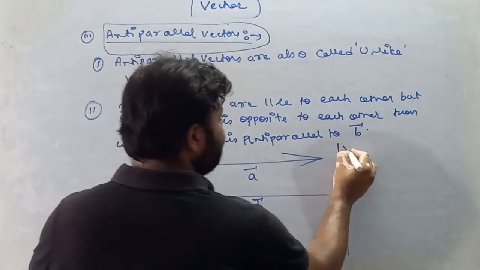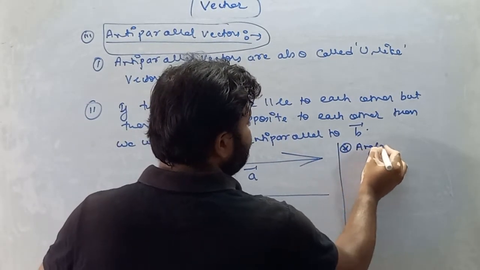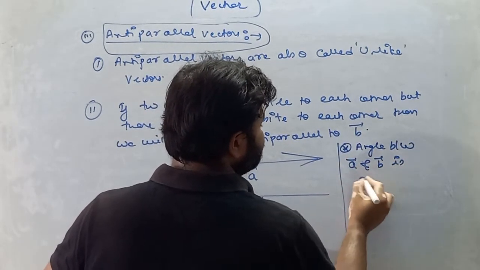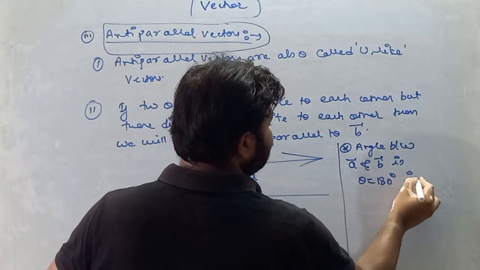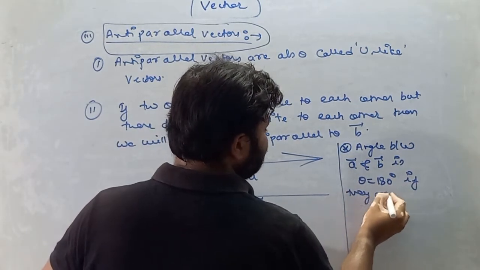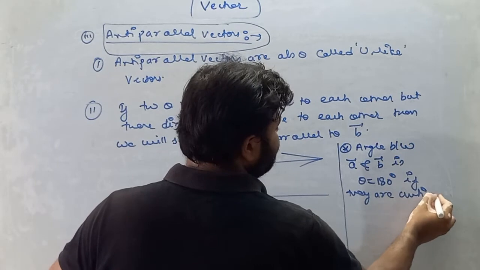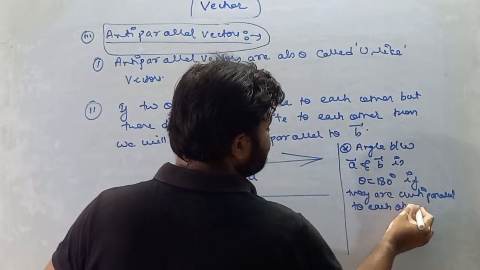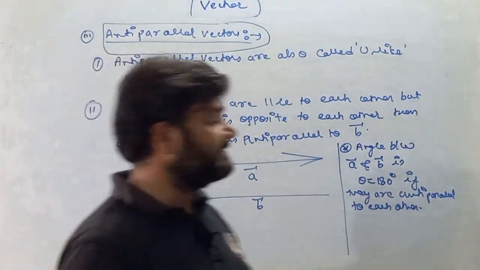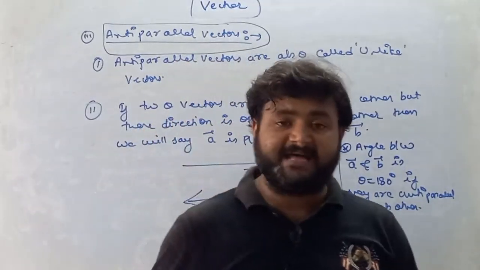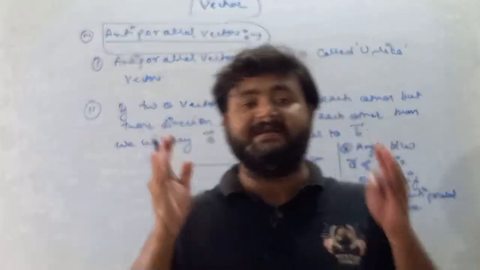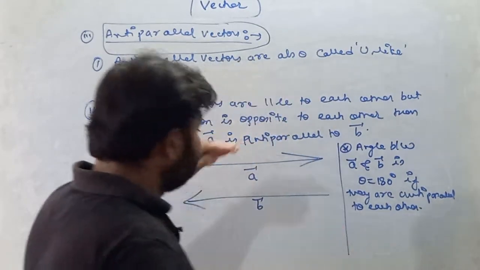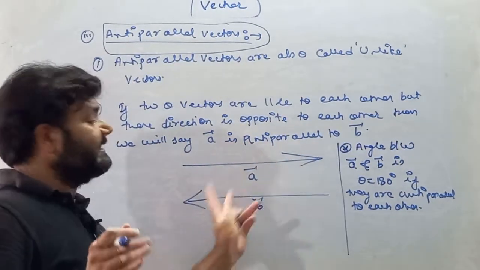So I'll write here the angle between A vector and B vector is 180 degrees if they are anti-parallel to each other. So this is one of the important things, that if two vectors are anti-parallel, then remember my dear student that the angle between both vectors must be 180 degrees, and both vectors must be parallel to each other but their directions are opposite.